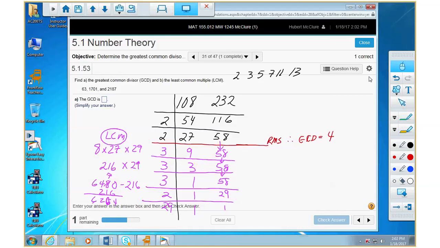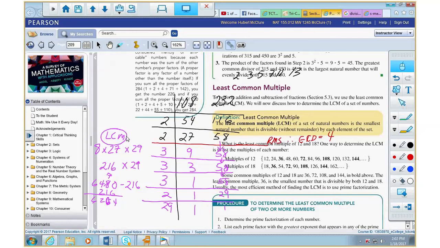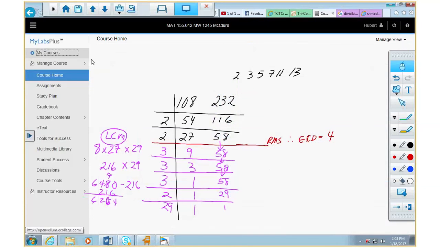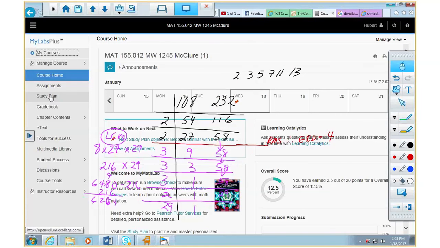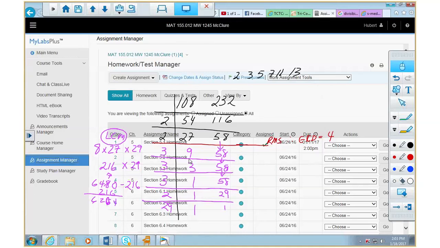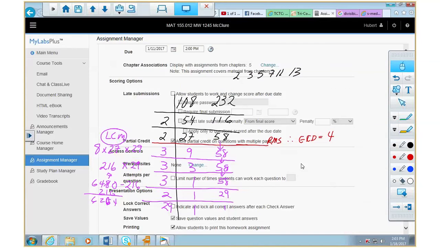So let's see how many homework questions you got. No, that's not what I want. There it is. Assignments. I need to fix that so y'all will have assignment tonight. 5.1 homework. Settings for class. Go down right here.